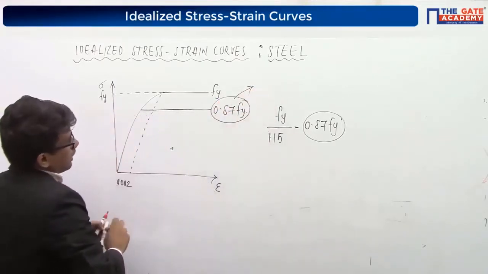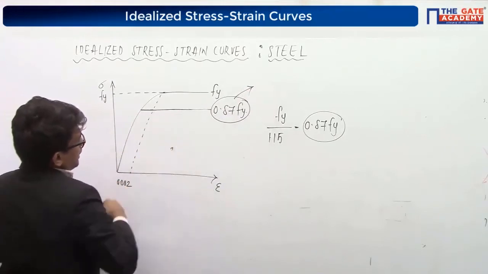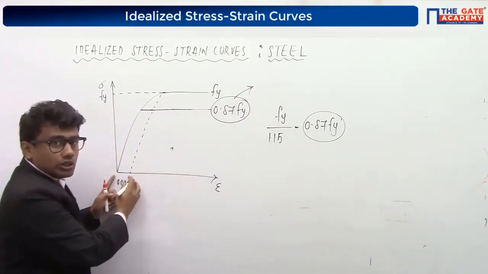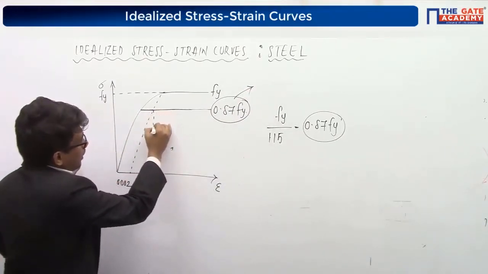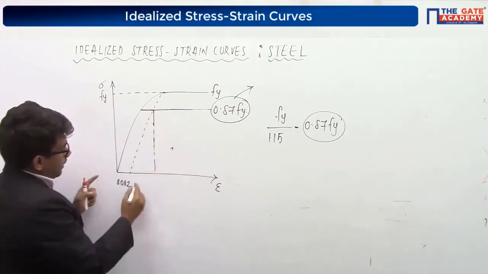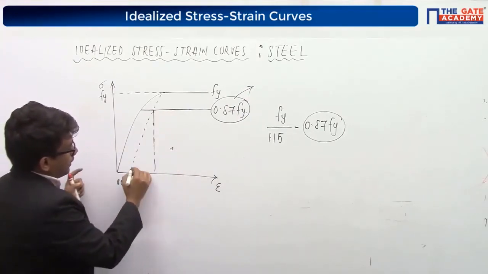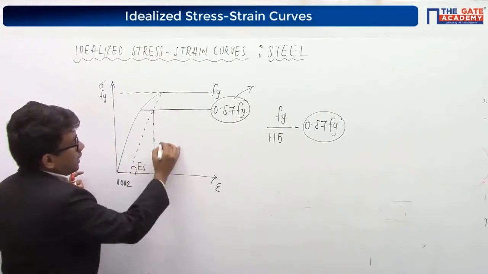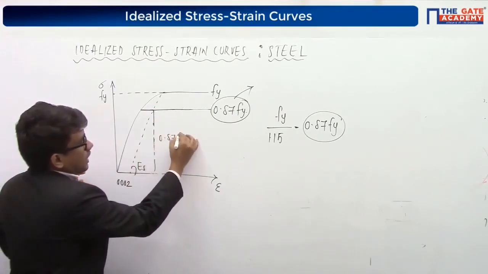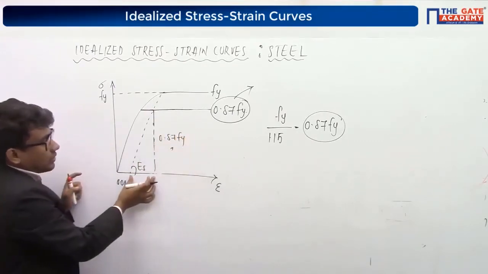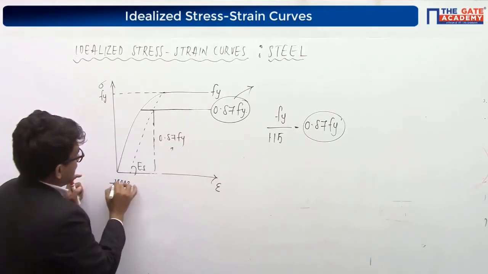What is the strain value corresponding to that? Till here it is 0.002, and what will be the strain value till here? If we take it here, 0.0025, this will be related to Young's modulus of steel. This is 0.87 Fy. We know how to calculate this; we have discussed it just now.